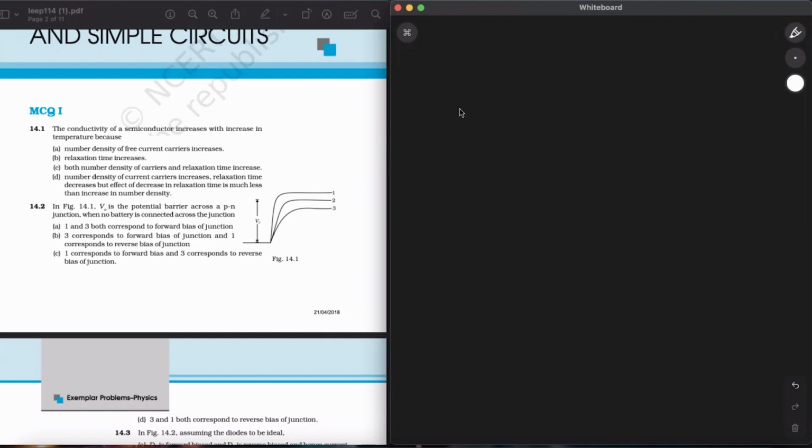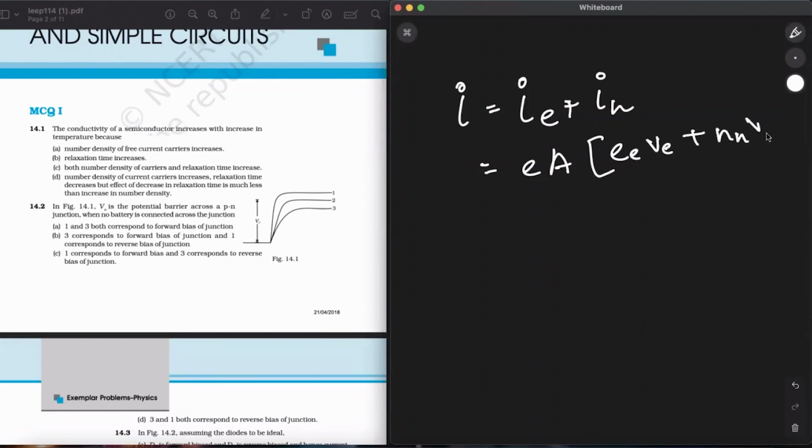So I can write the current as I = I due to electrons plus I due to holes. This can be written as e A n_e v_e plus n_h v_h, because current is I = n e A v_d. Here e and A will be constant because it is the same type of semiconductor, and this part is for electrons, this part for holes.